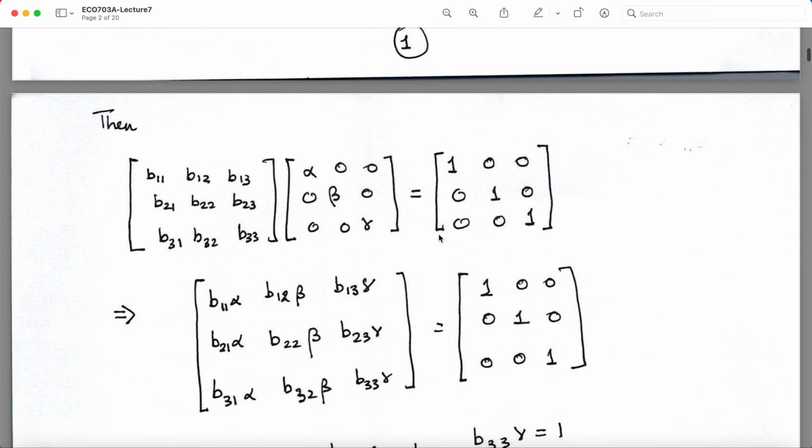So I now multiply: I take the whole matrix and multiply with the first column, this whole matrix with the second column, and this whole matrix with the third column. It's up to you. That would give me the three different columns of the product.